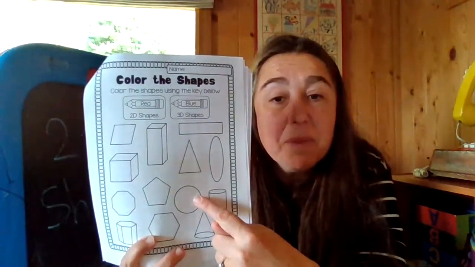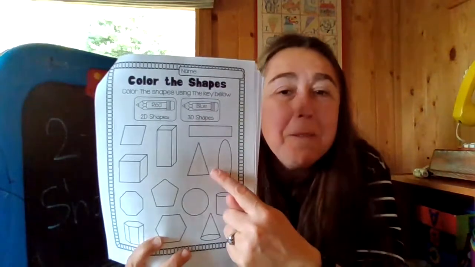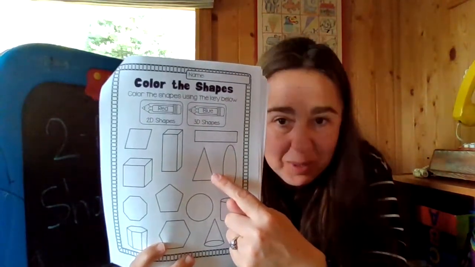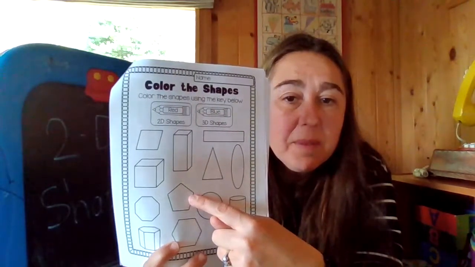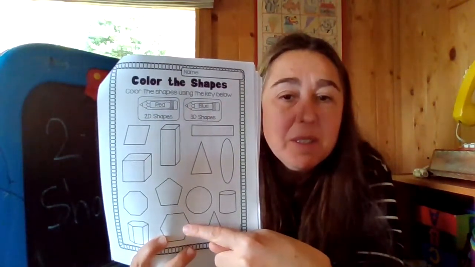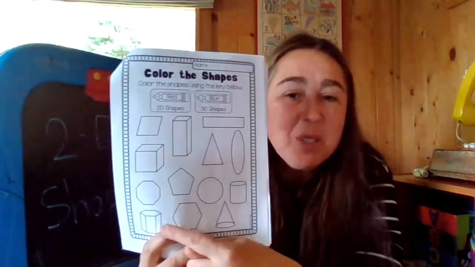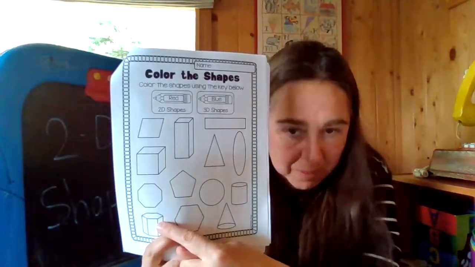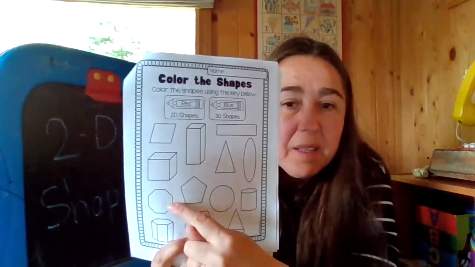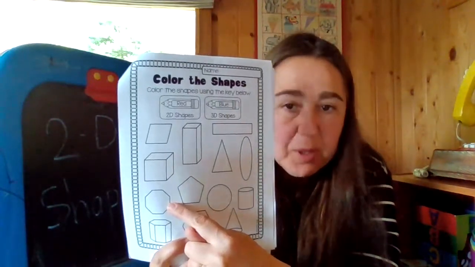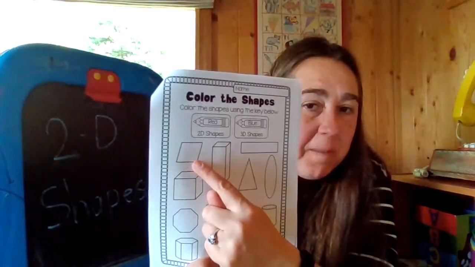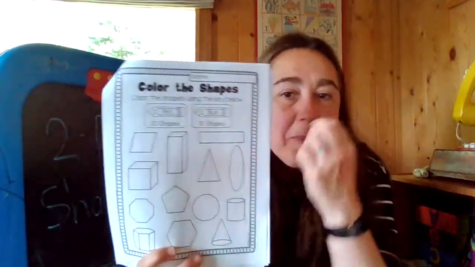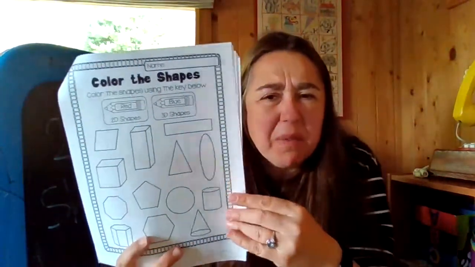Blue. Two-dimensional blue. Two-dimensional blue, good. Three-dimensional. Two-dimensional. Two-dimensional, good, good, good. You're doing great. Three-dimensional red. Blue. Red, three-dimensional. Blue, two-dimensional. You guys are doing great at this. You'll be ready for tomorrow.